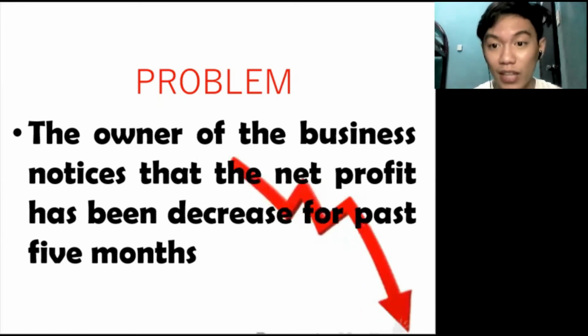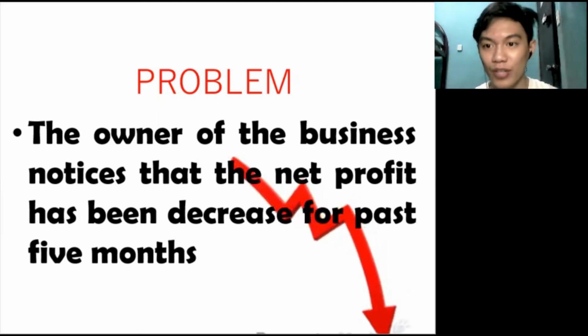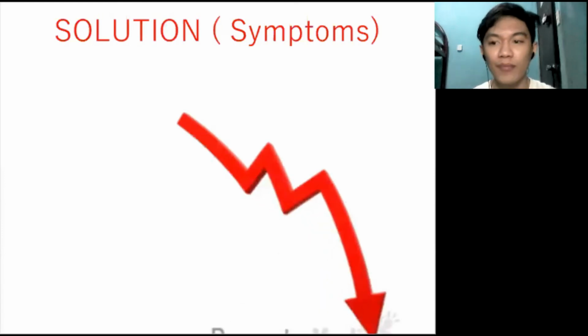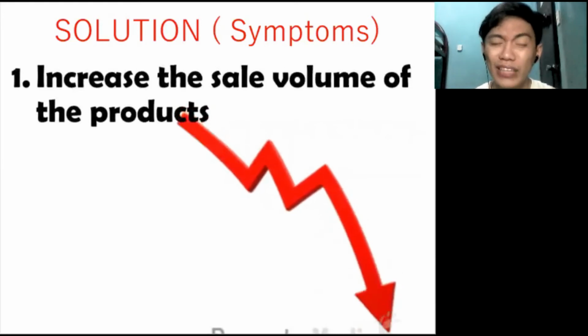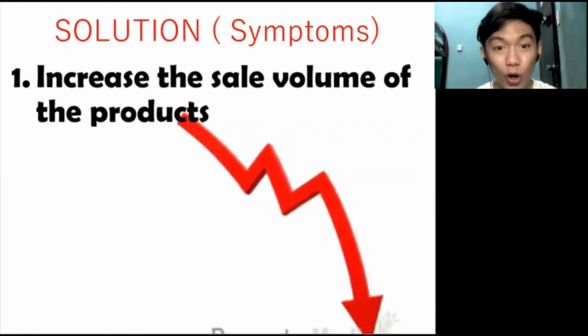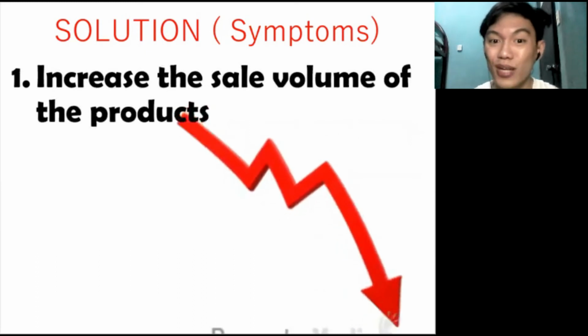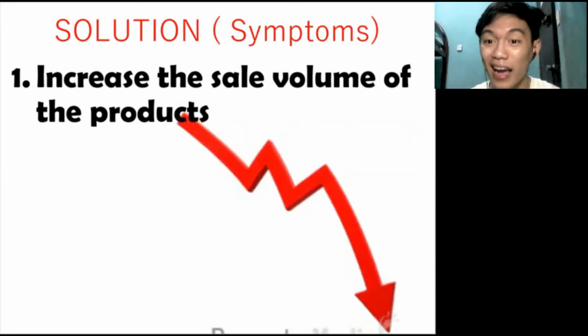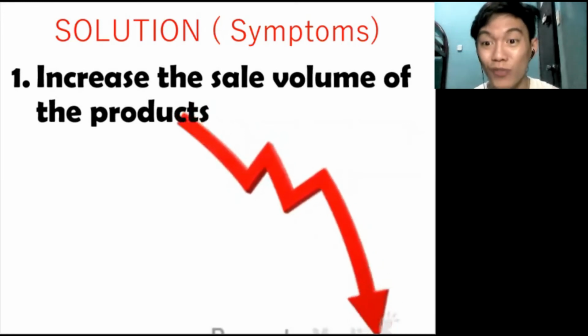Bumaba yung net profit nila ng past 5 months, nag-decrease. So what are the solution or would be the symptoms of the problem stated? Okay? So, the solution would be we need to increase our sale volume of the product. Pwede din nating taasan yung sale volume natin ng ating mga products para hindi natin ma-experience yung decreasing of net profit.